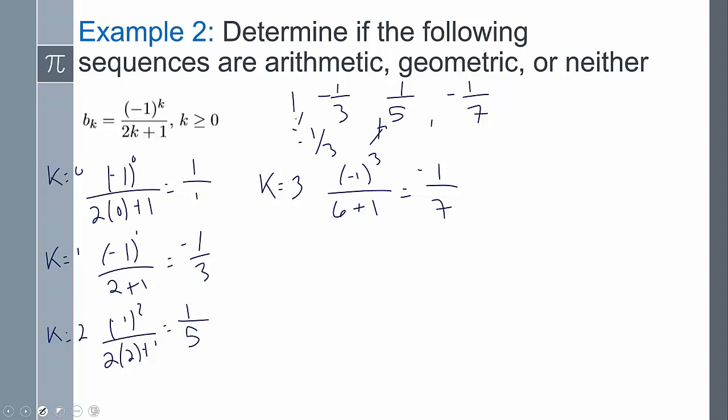It has to be multiplied by the same value every time. Now if I were to add, let's say 2/3, well, if I add 2/3 again, that doesn't give me 1/5. And then if I add 2/3 again, that doesn't give me -1/7. So there is no common difference. There is no common ratio. So therefore it's neither.